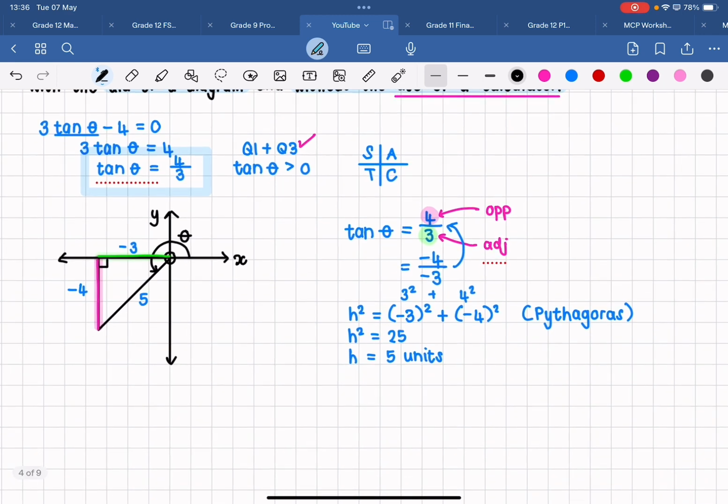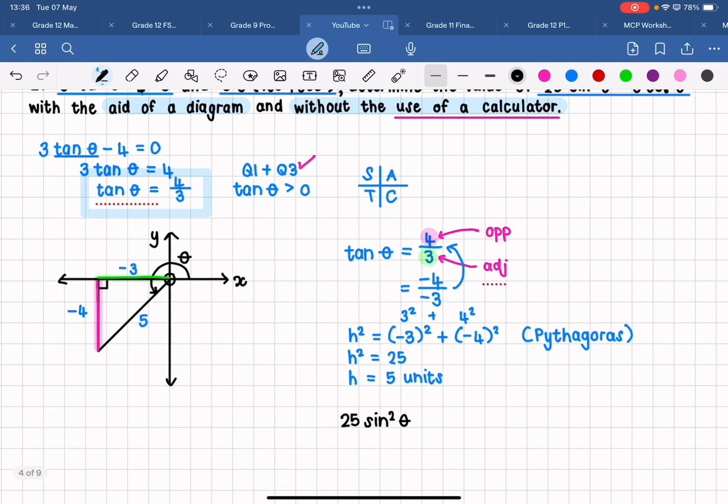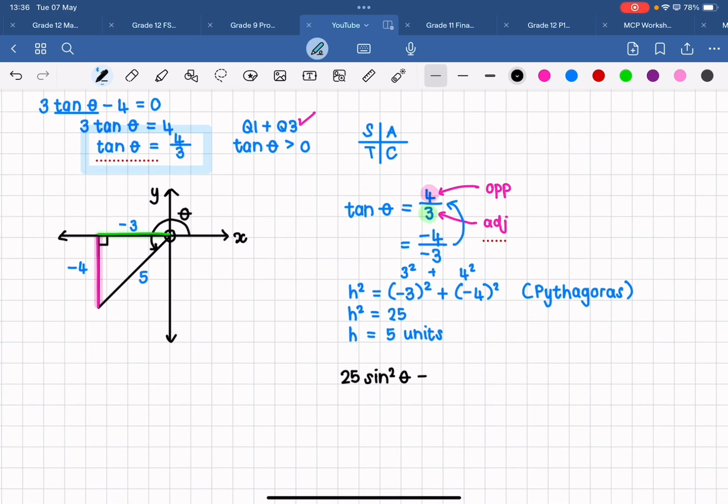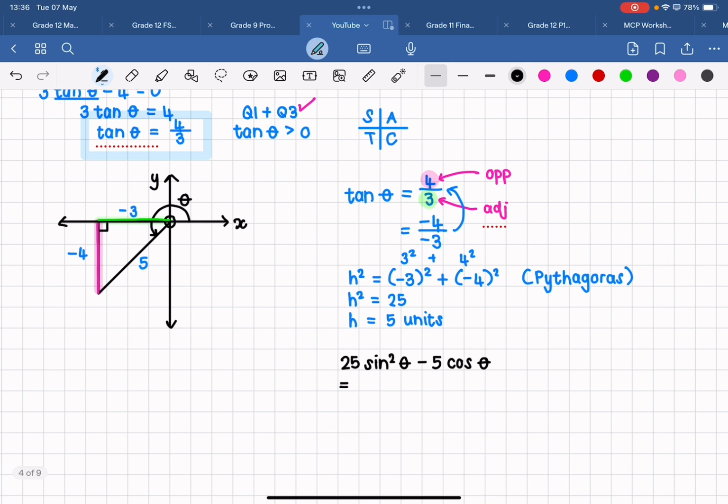Now, finally, we are ready to calculate what they have asked us to calculate. So 25 sine squared theta minus 5 cos theta. And now we are going to use the values on this triangle. So 25 sine squared, let's see, what is sine?